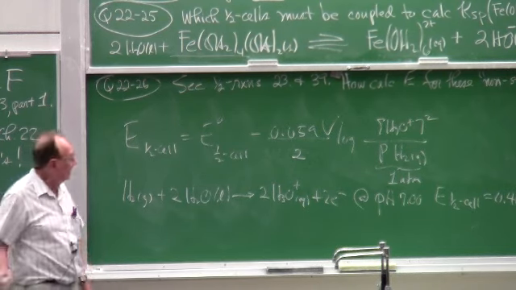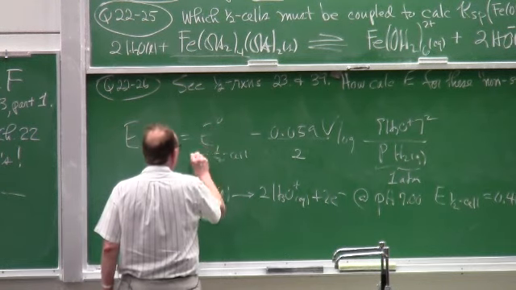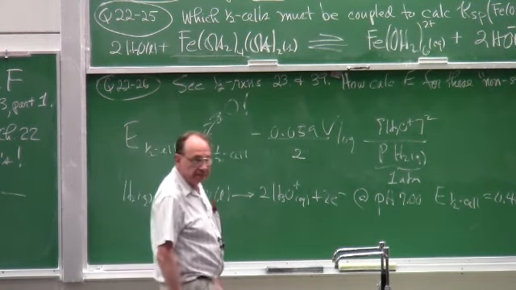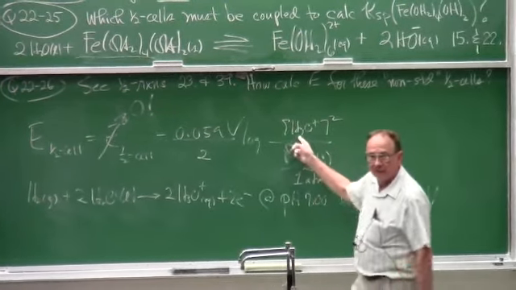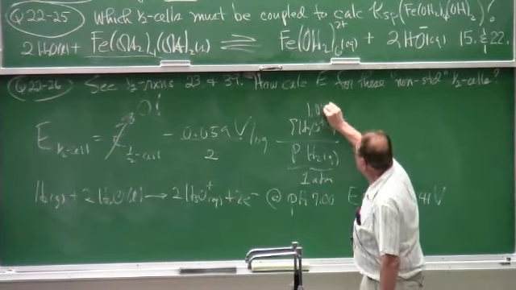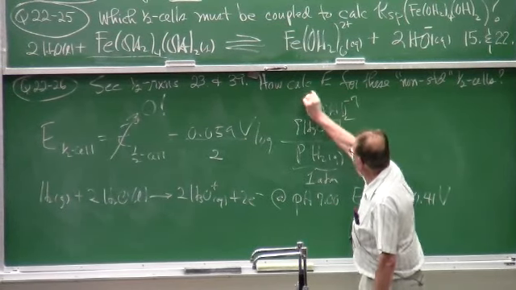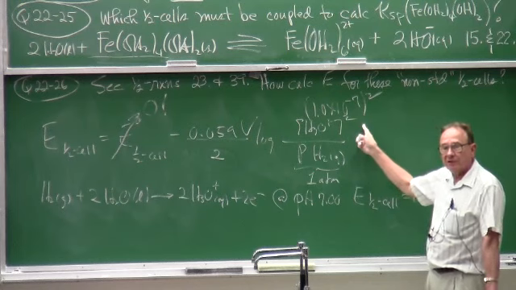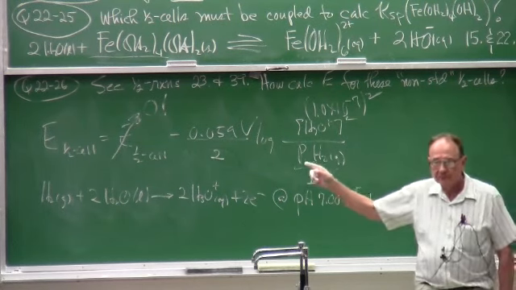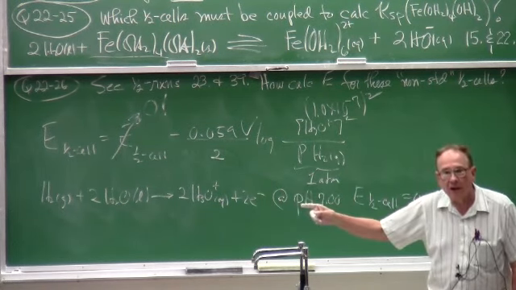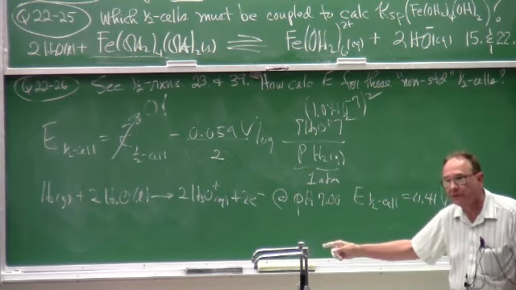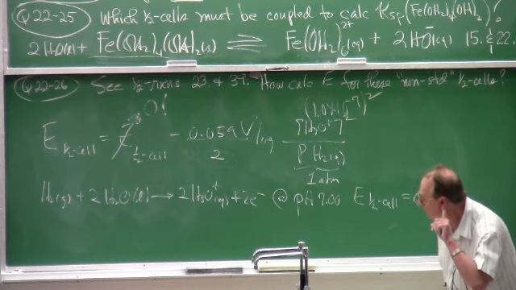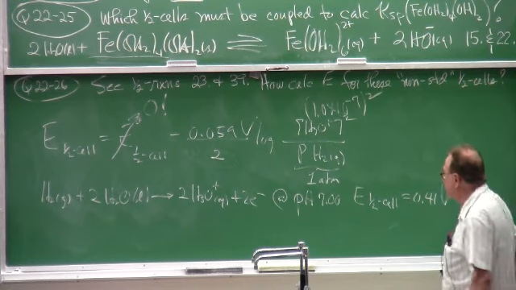It's a standard hydrogen electrode. And this is 1.0 times 10 to the minus 7 quantity squared. So this becomes 1 times 10 to the minus 14. What's the log of 1.0 times 10 to the minus 14? It's minus 14.